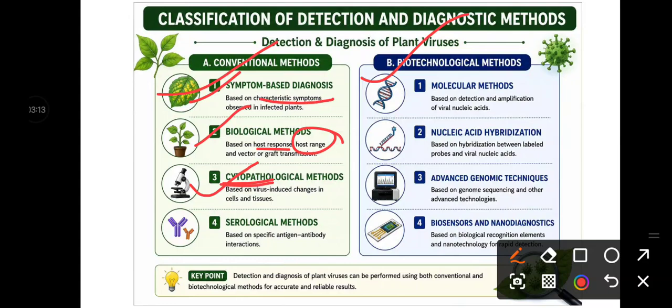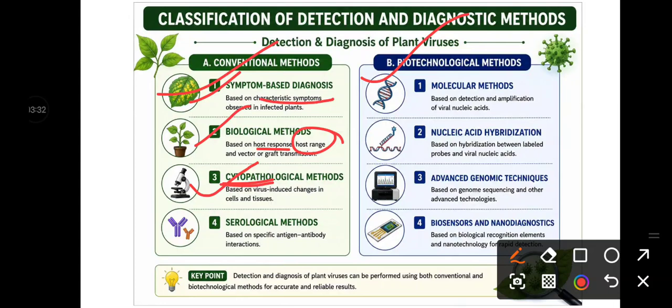You might have heard about pinwheel inclusion bodies that are specifically produced by potato virus Y.